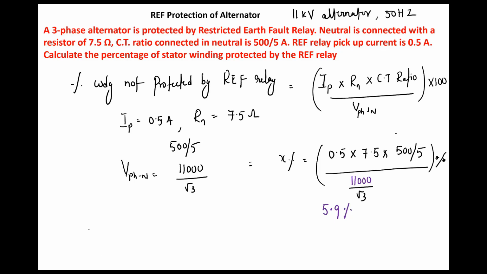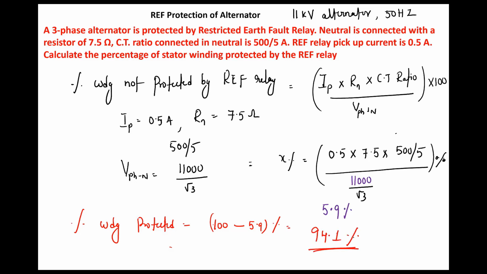So the percentage of winding protected will become 100% minus 5.9, that is 94.1% of the stator winding is protected by the above REF relay. Understood?